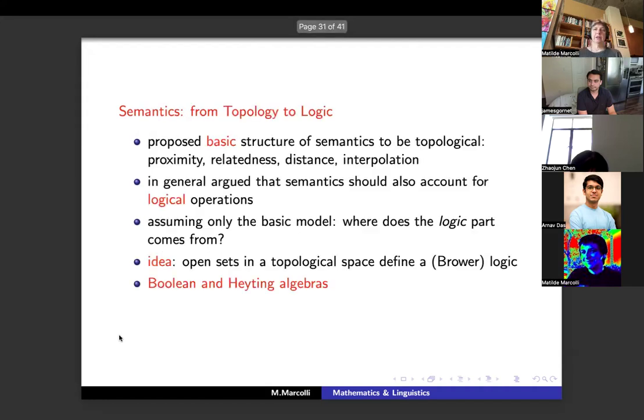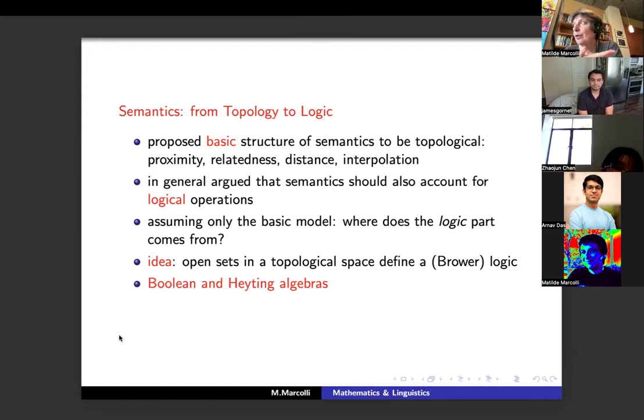So there's one more thing that I want to discuss about these models of semantics, and this idea that I just mentioned in relation to the Heim-Kratzer semantics, that one expects that semantics should be responsible for the logical operations in some sense.